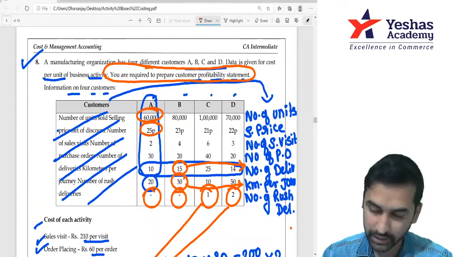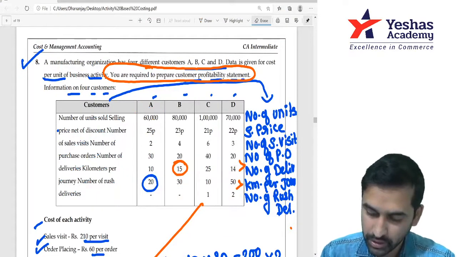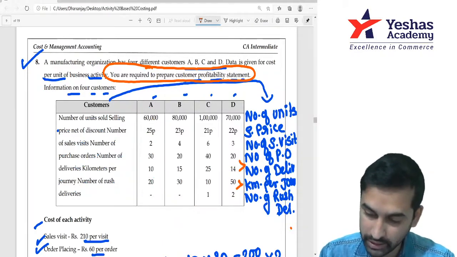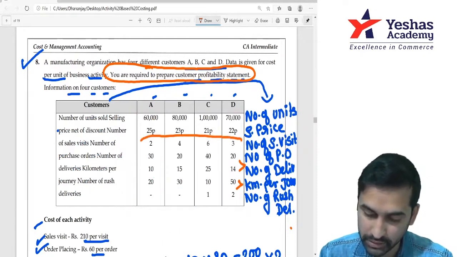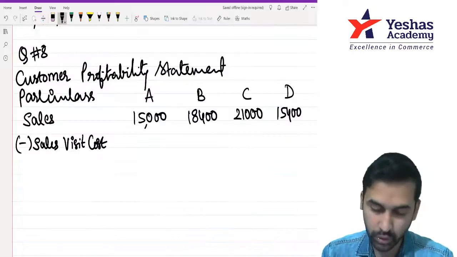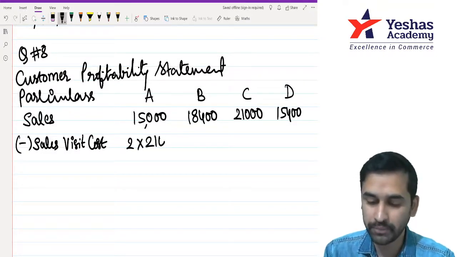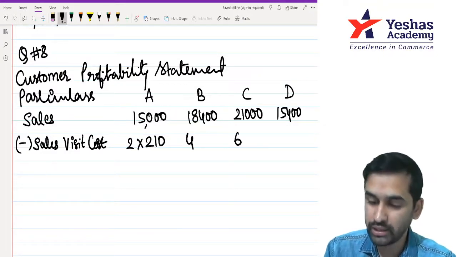Let me go back here. I'll just erase this part. Yeah. Sales visit data is here. Number of sales visits 2, 4, 6, 3. So you will do 2 into, what's the cost? 210. Here 4, here 6, here 3.